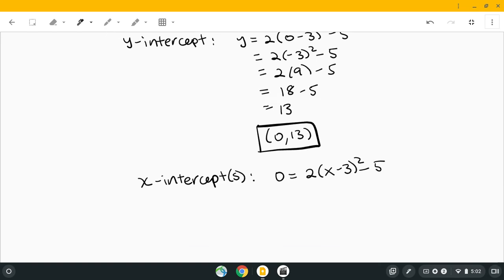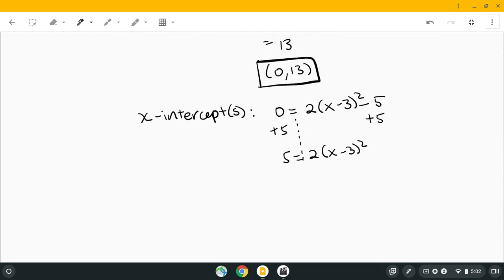And I have to solve for x, so I am going to add 5 to both sides. So I get 5 equals 2 times (x minus 3) squared, because those cancel. Divide both sides by 2. They cancel. 5 over 2 equals (x minus 3) squared.